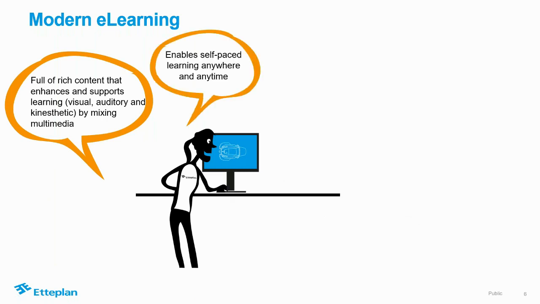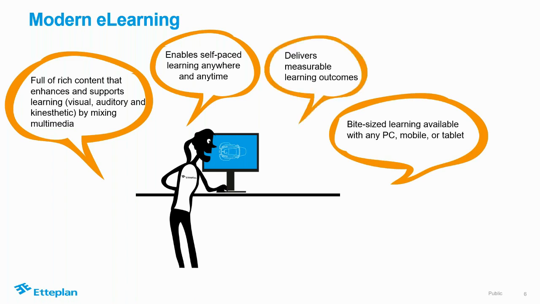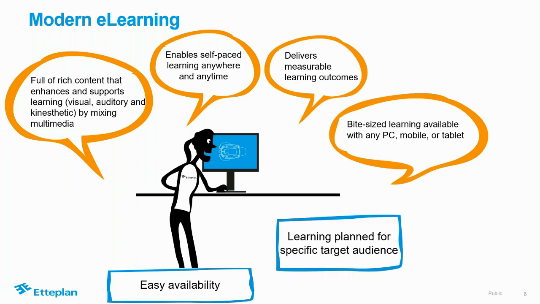E-learning has evolved through technological advancements like mobile-friendly solutions, increasing internet speeds, and more memory capacity. This change enables self-paced learning anywhere and anytime, focusing on interactive content that engages students to focus on their learning needs.